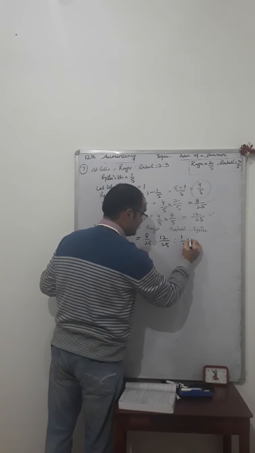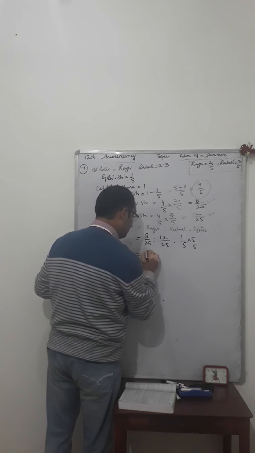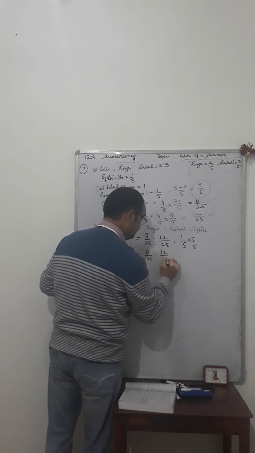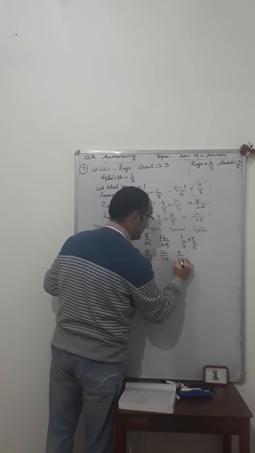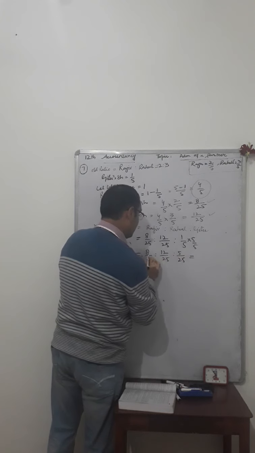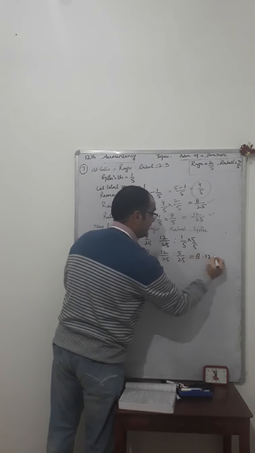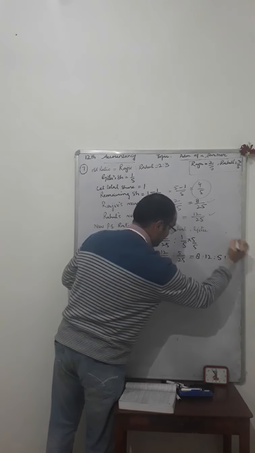We can write it as 5 by 25, which is equal to 8 by 25 is to 12 by 25 is to 5 by 25, which is equal to 8 is to 12 is to 5. The required answer number 1.